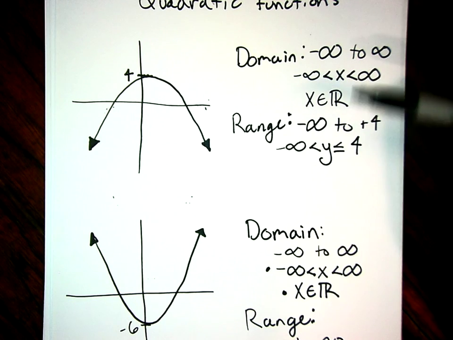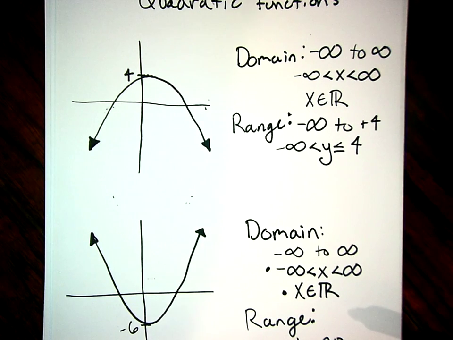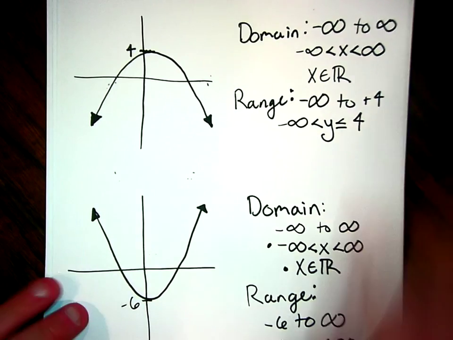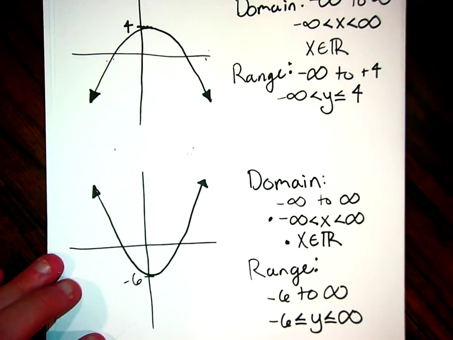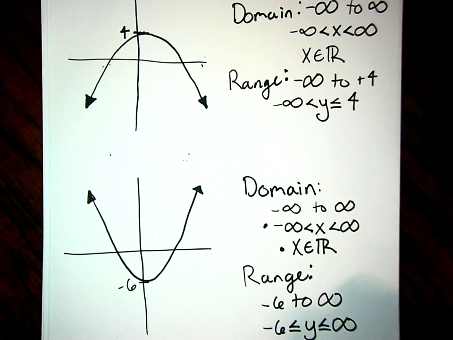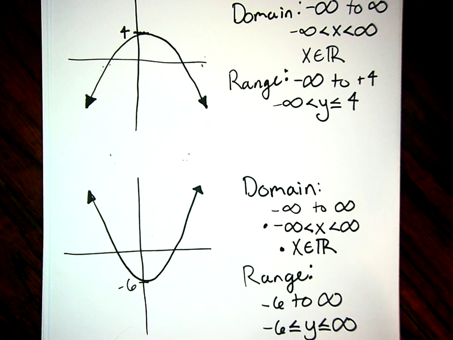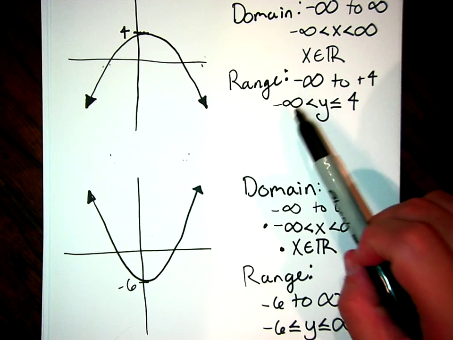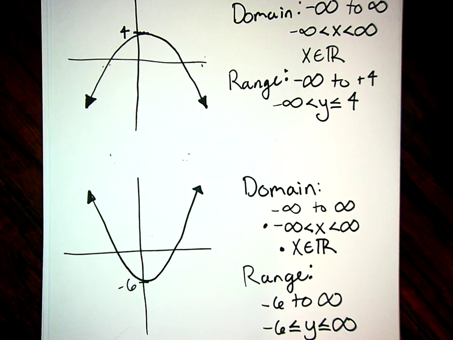And the range is going to be limited at some positive or negative value. Okay, you're never going to have a quadratic function that has a range of negative infinity to positive infinity. That's not possible. The range is always going to be limited at some number. One side being infinity, like here, the right side, or up here, the left side, and one side being a finite value. All right, thank you very much and have a good night.